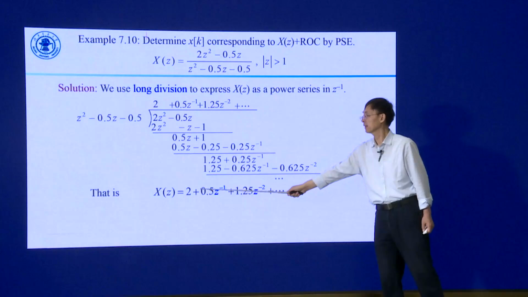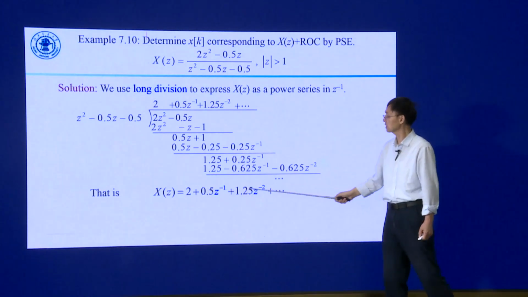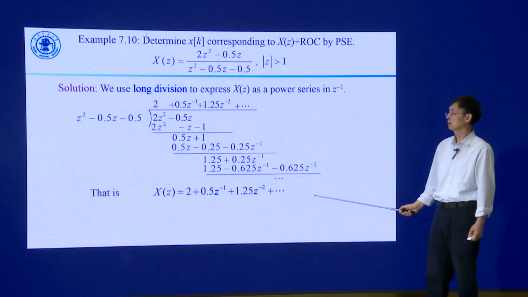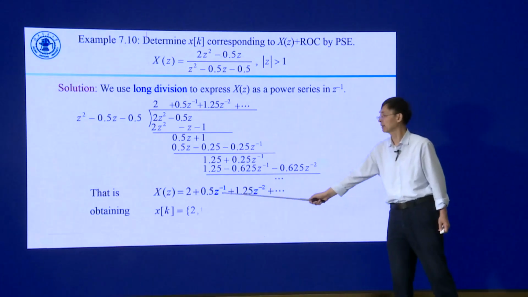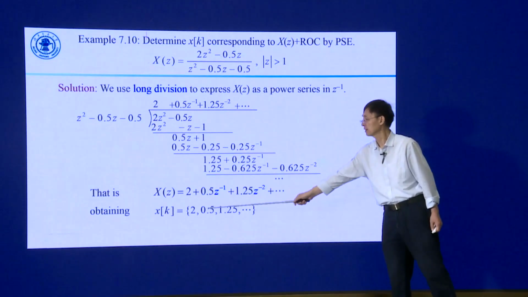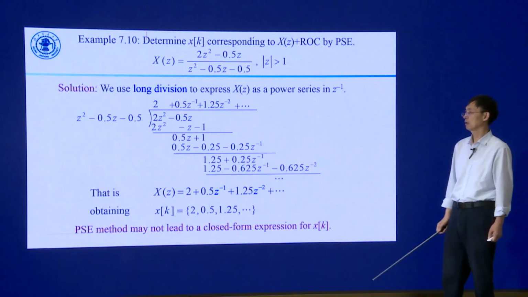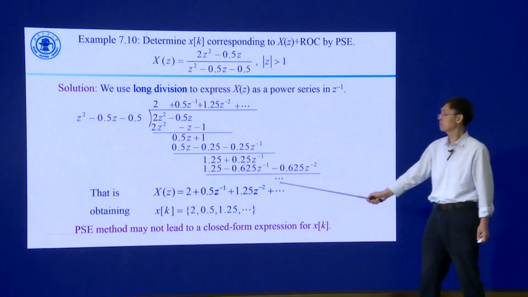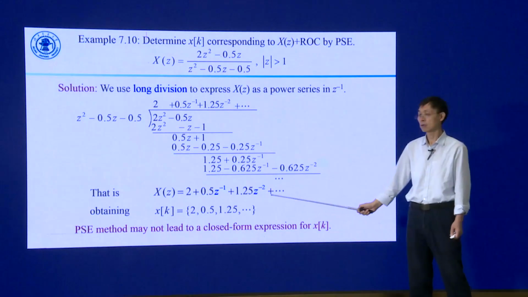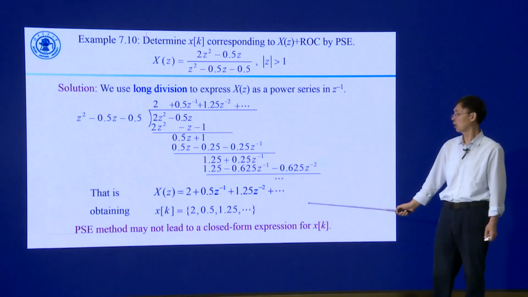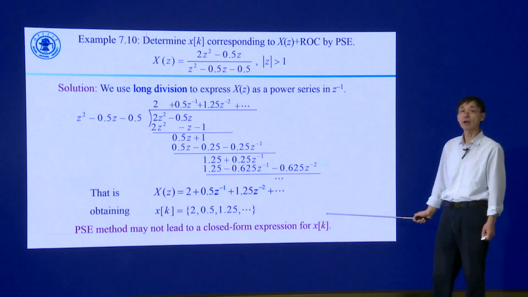X of z can be expressed in this equation, so we can find x of k in this result. Obviously, this method may not lead to a closed form expression for x of k.